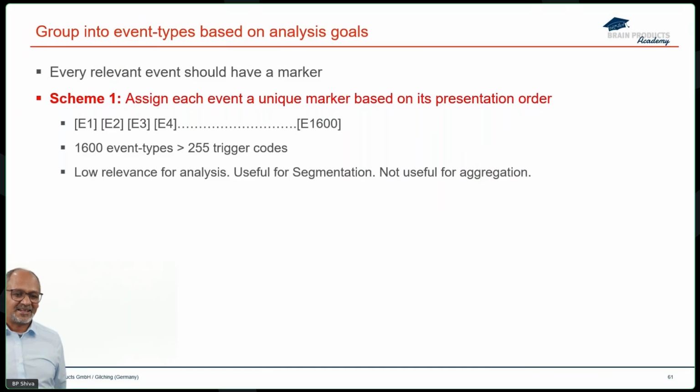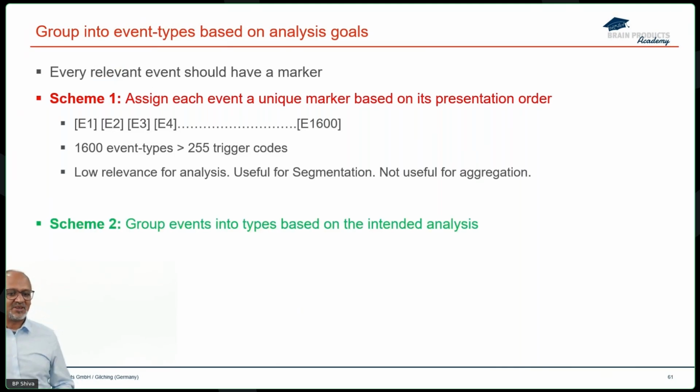But what you would get is the equivalent of 1600 event types, E1, E2, and so on, which is way more than what you have available, like 255 trigger codes. But while it's theoretically possible, this is of low relevance for analysis. From these numbers, you cannot know what stimuli were presented, and it may not be informative for analysis in any useful way. So the general scheme is to group events into types based on the intended analysis.